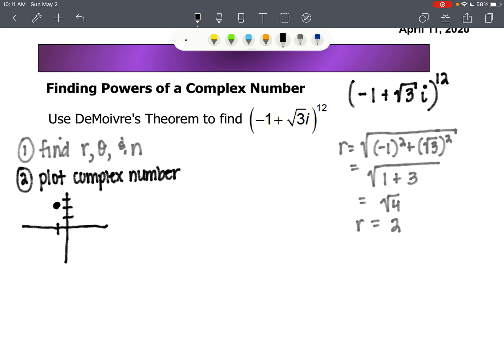So definitely closer to the y-axis than I am to the x-axis. How do we find theta though? The reference angle for theta is equal to the absolute value of the inverse tangent of the square root of 3 over -1. And that would be y over x, the inverse tangent of y over x.